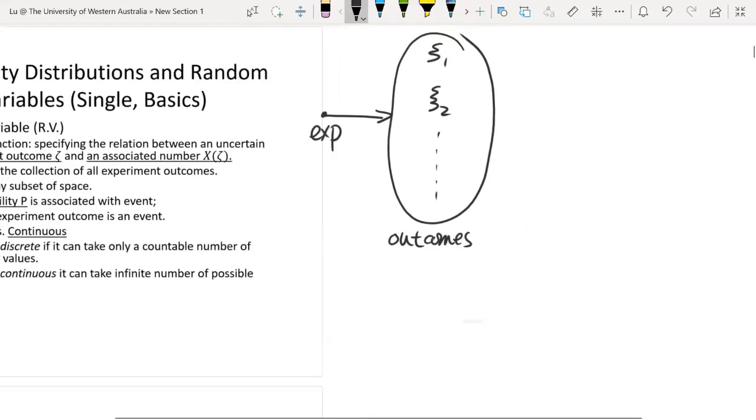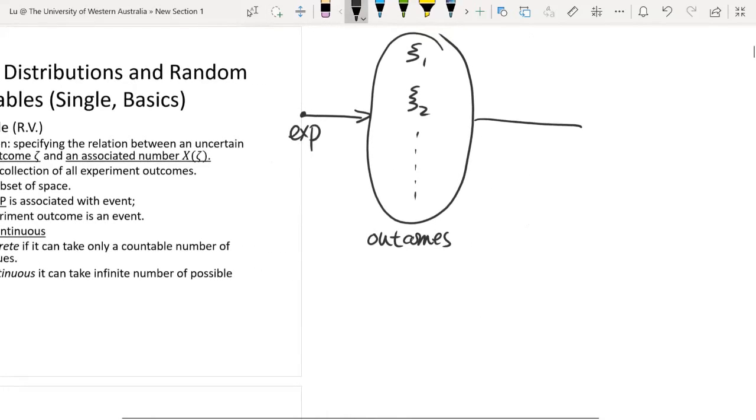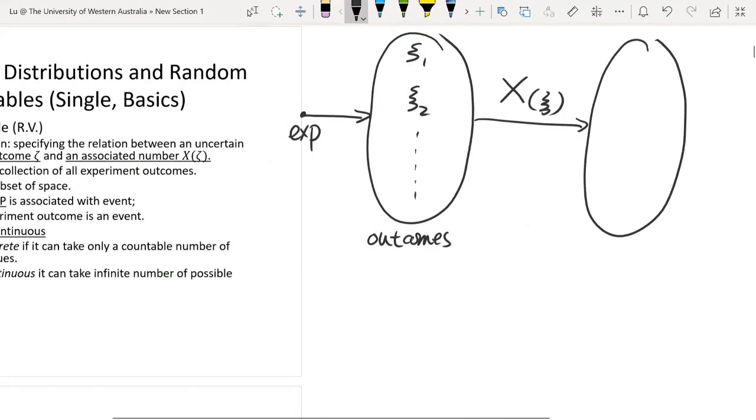Next, a function x is given. This x uses the experiment outcome as the input parameter, and then produces the corresponding function values. So we call these values the numbers, or associated numbers.